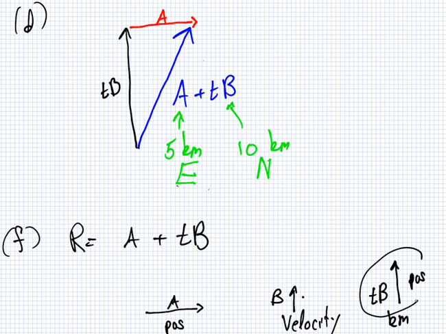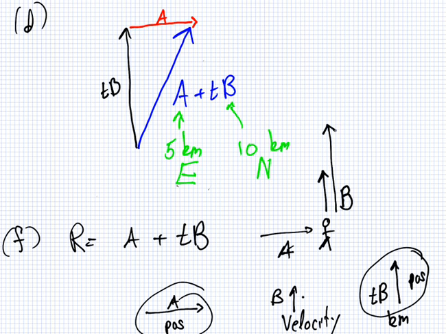So you can see here that the dimension of T is time, and the dimension for B is length per time. So these cancel, so it's just length. So then the unit would be, well, yeah, actually kilometers because that's what we're using here, or meters, whatever.